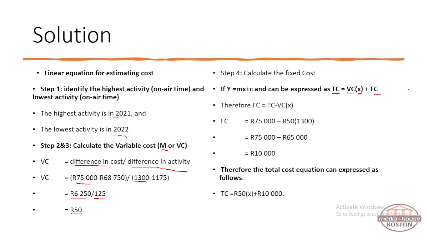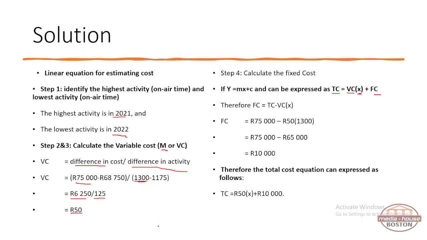So when we reverse this and make FC the subject of the formula, we have FC equals TC minus VCX. So our fixed cost will be equal to, picking the highest activity first, which is 1,300, 75,000, which is the total cost, minus 50 multiplied by 1,300.